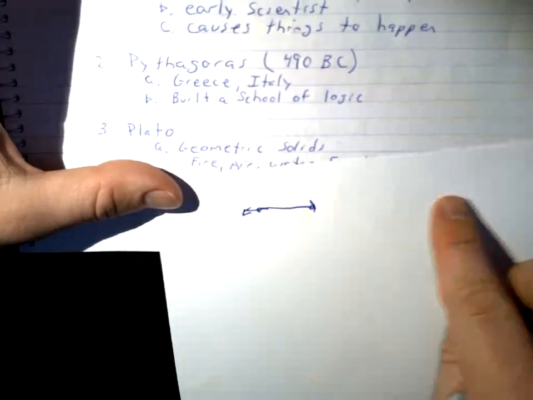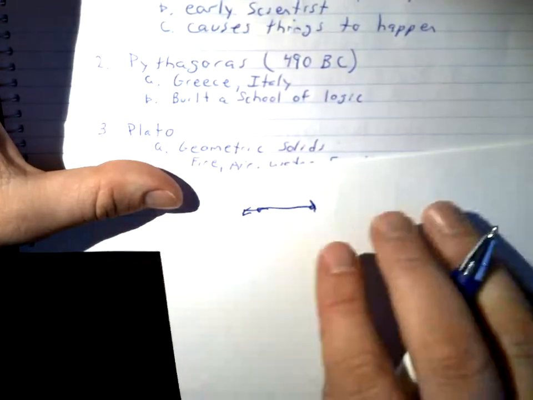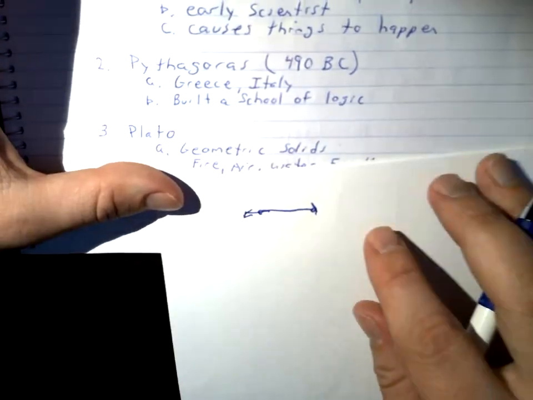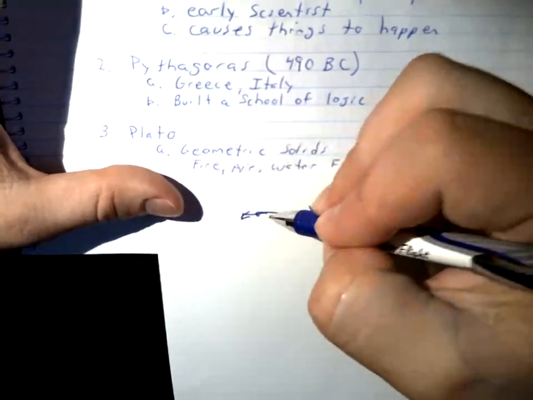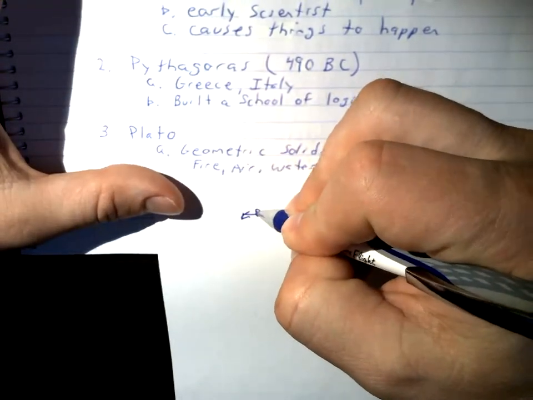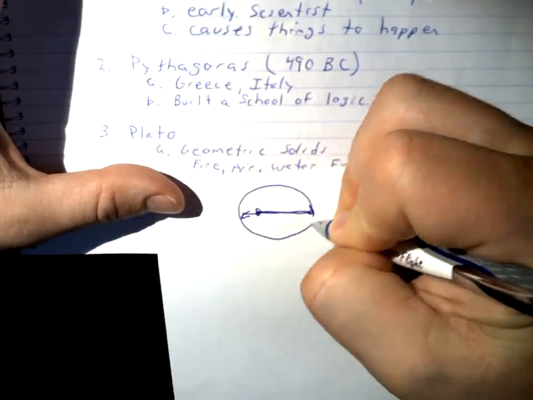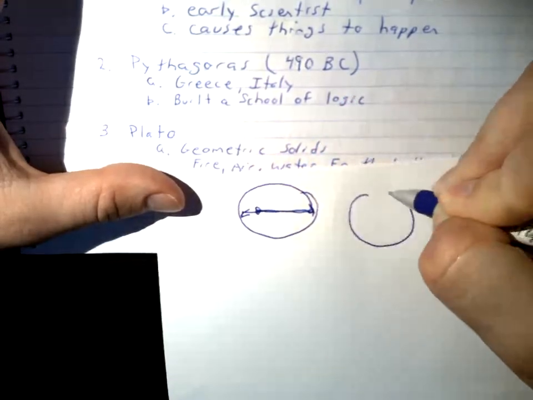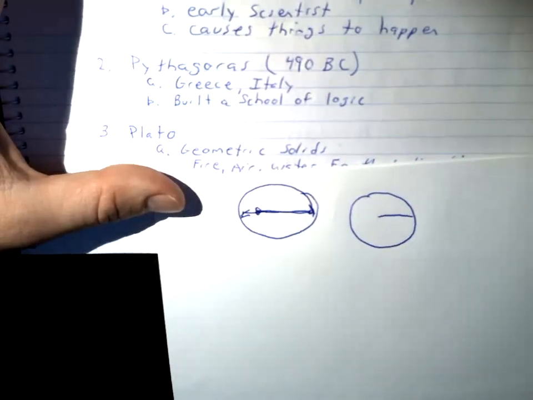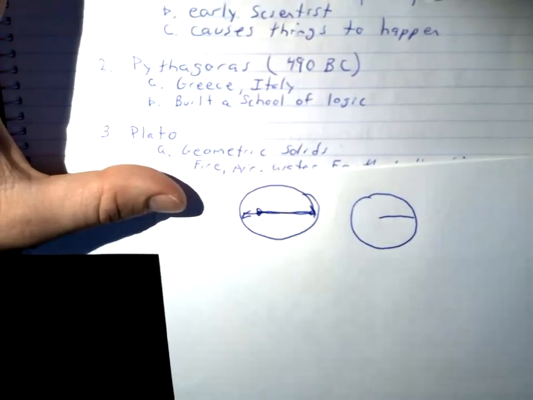A line is endless in this way. Well, what if we take this idea, put a point, and then rotate it around? Well, what do you have? You have a circle.